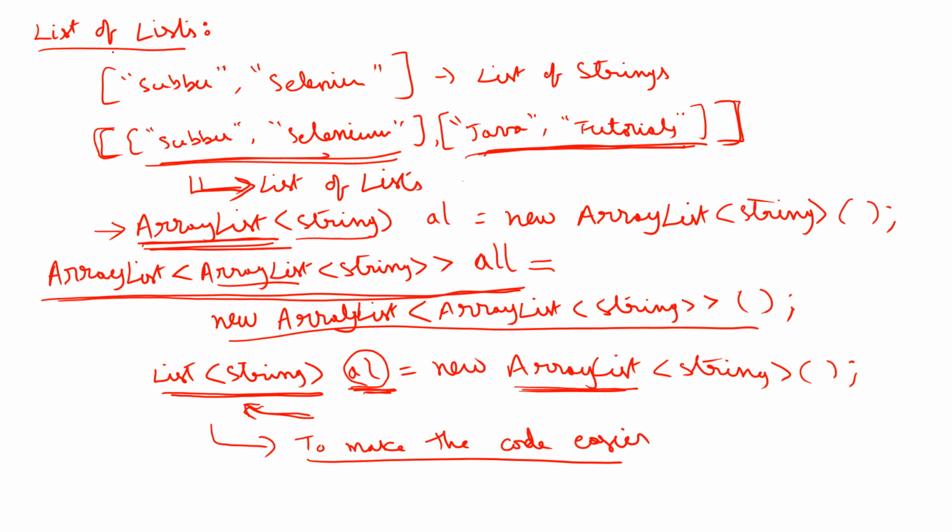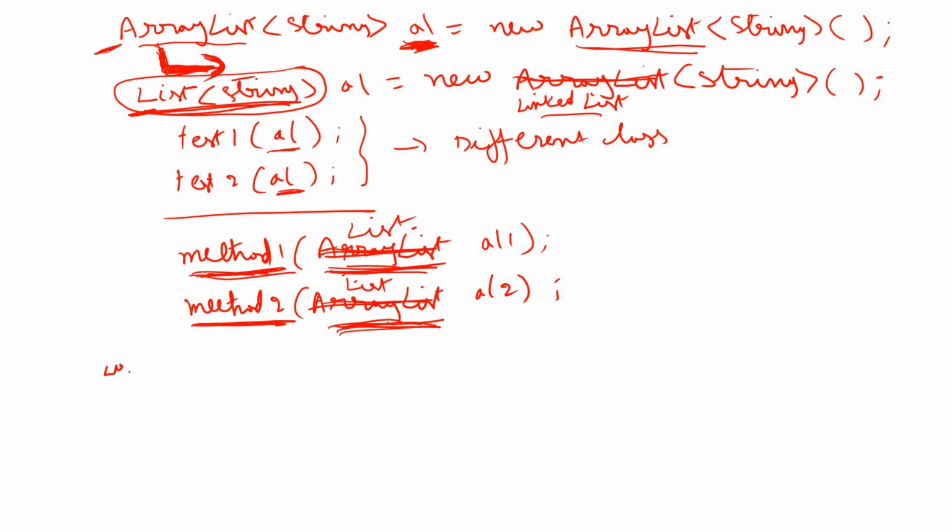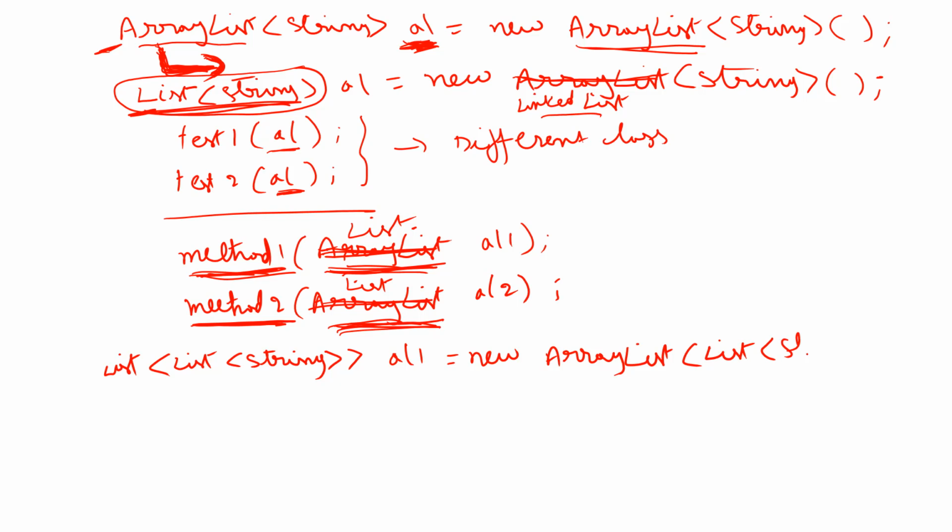Previously we have created an array list of array lists like this: ArrayList of ArrayList of String, and the name of the array list equals new ArrayList of ArrayList. So instead of doing this, what we can do is say List of List of String, and then I'll give a name to this one, AL1 equals new ArrayList of List of String.